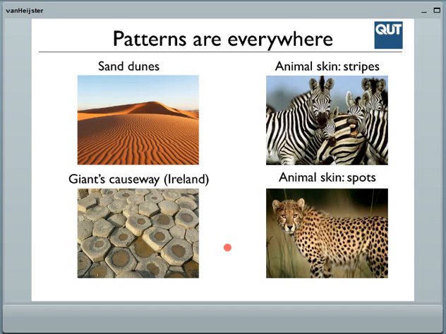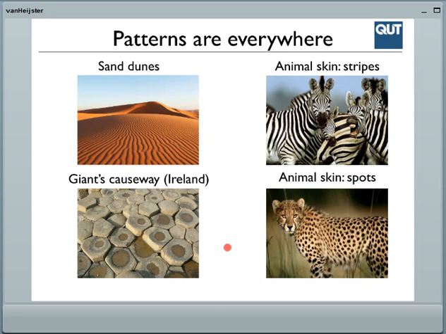Patterns are everywhere, right? On the top left, we have some sand dunes of the Sahara Desert. Then on the right, we see zebras, and I think this one is a... I don't know, don't put me down on that, but you see the zebra's stripes. This other animal has spots. Although they're not the same animals, they show different patterns. And here on the bottom left, you see islands on the coast, also with patterns on the coast.